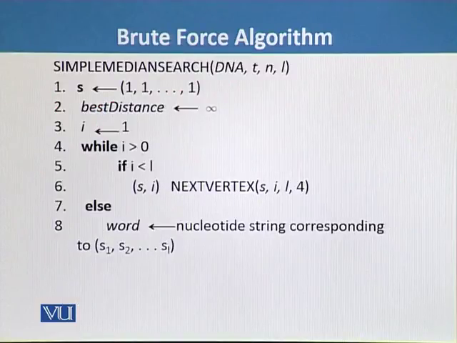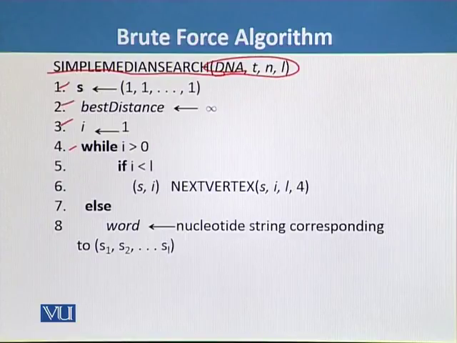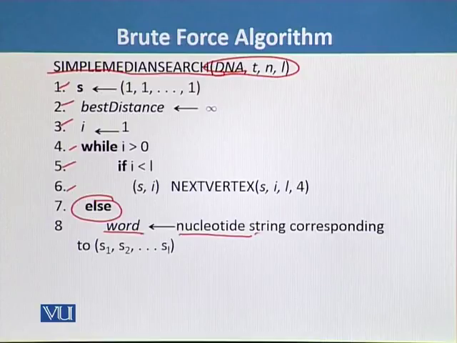So this is the simple median search algorithm, and the same conditions we have discussed earlier apply, and here we can see the same steps we have already discussed earlier. From here the else condition will be applied, and we will give the assigned word to the nucleotide string corresponding to S1, S2 up to SL.